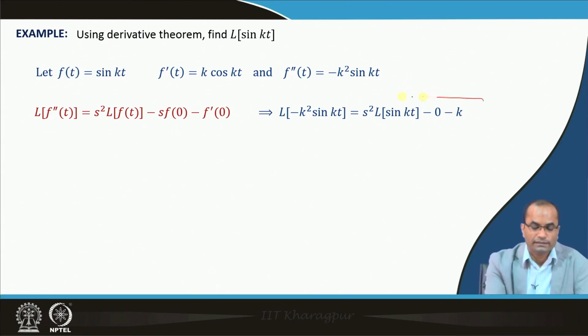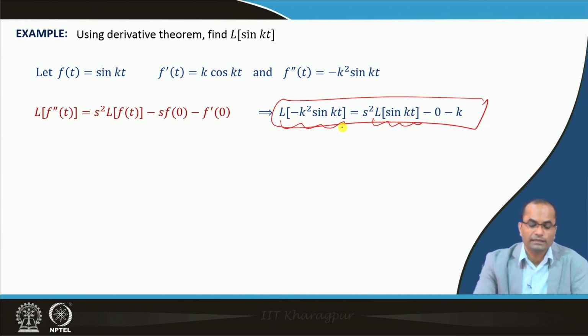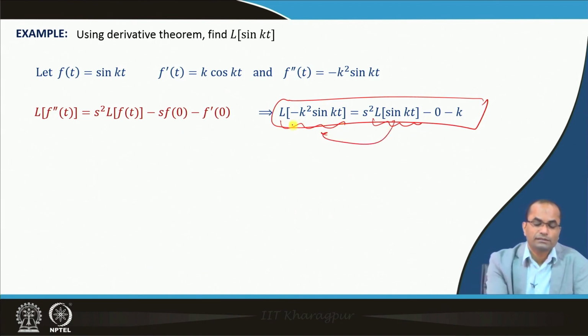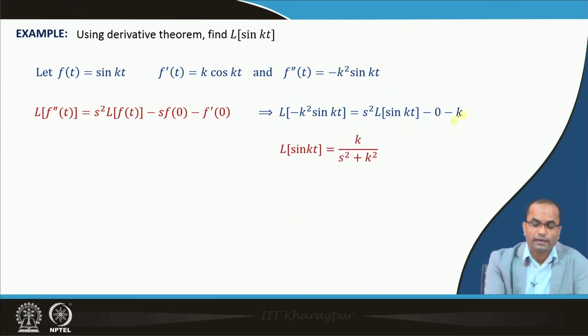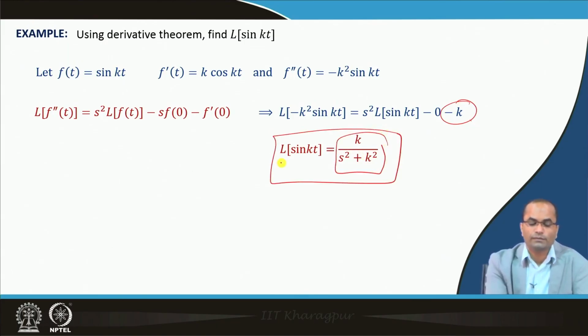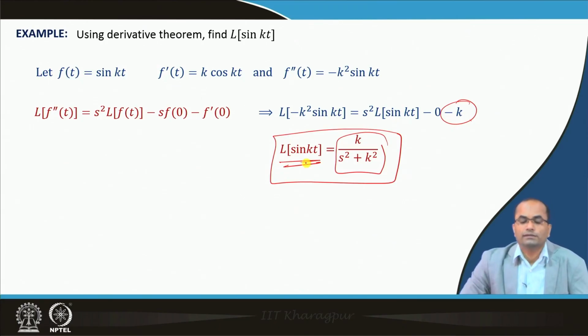So, we have this identity, where on both sides we have the Laplace of sin kt. These can be merged, and there will be the factor k squared plus s squared, and on the other side we have k. So, k over s squared plus k squared will be the value of the Laplace of sin kt.